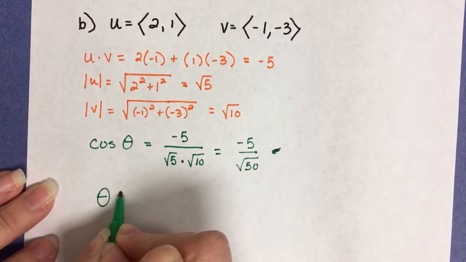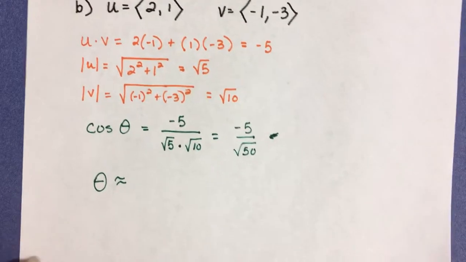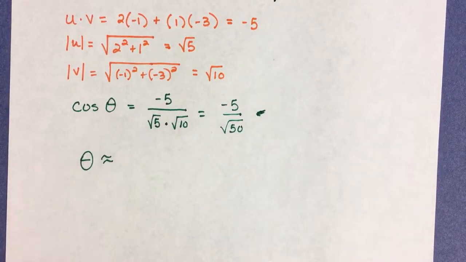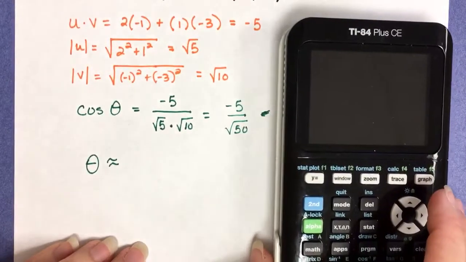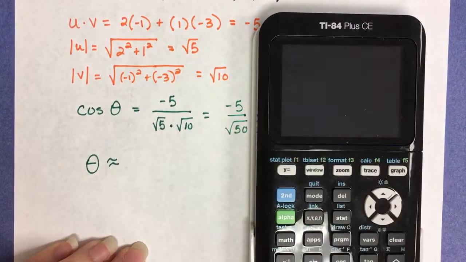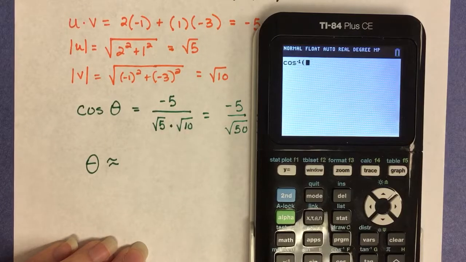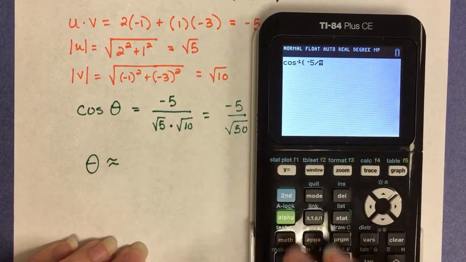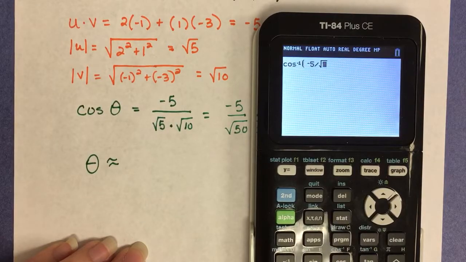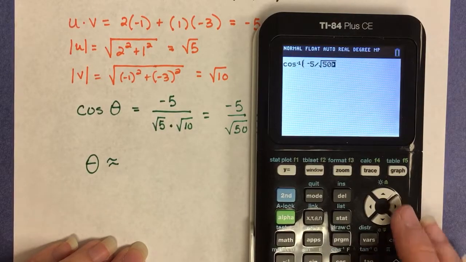So to find this angle, we would start off by using our second function. So we would do second cosine, then -5 divided by square root of 50.